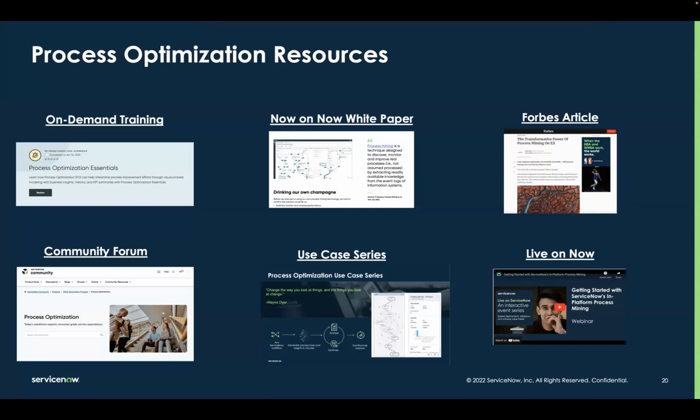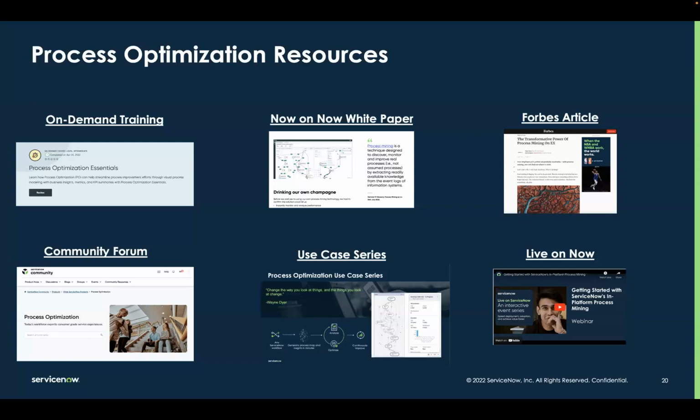As many of you have probably learned, process mining is a new muscle for many of us, myself included, and our customers. And how you use the Analyst Workbench to identify improvement opportunities is a little bit of an art in some ways. So we've started to document common use cases or scenarios in something we call the use case series.